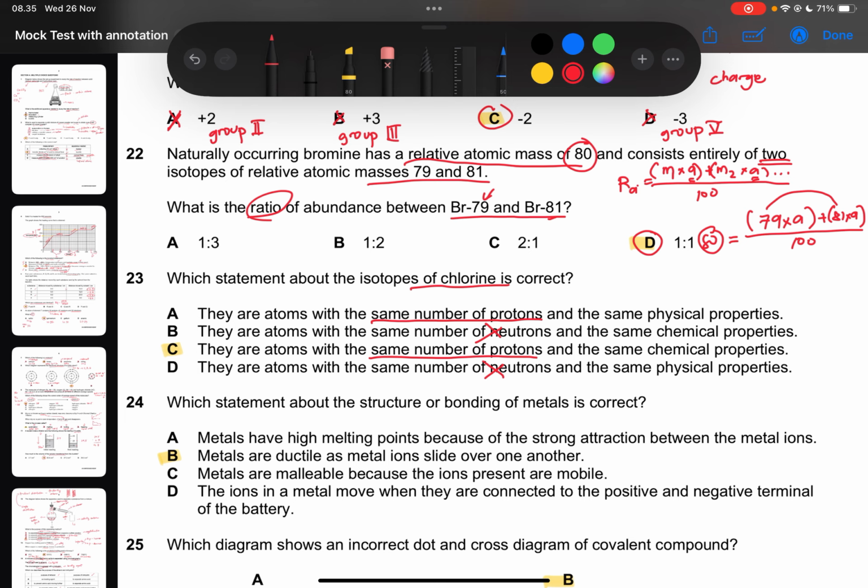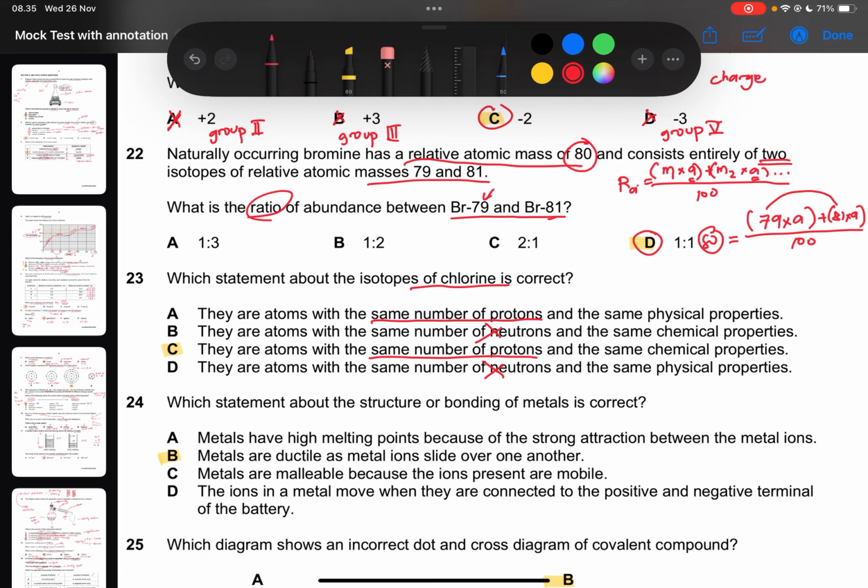Chemical properties are usually dependent on their chemical bonding, or on their number of electrons.